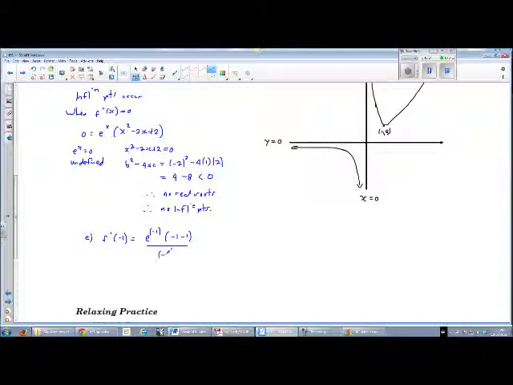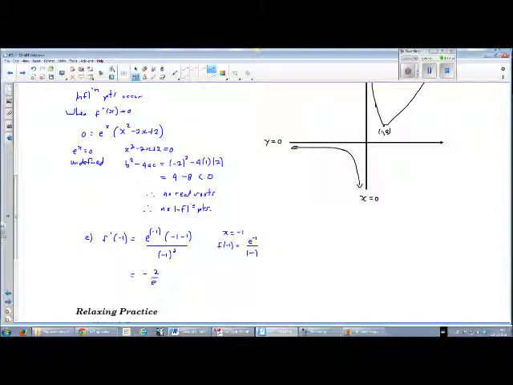As I work all this stuff out, it becomes 2 over e after a couple steps. When x equals -1, we substitute that into the original function to get what the y value is. And so we end up getting e to the -1 over -1. So the y value of the point of tangency is 1 over negative e.